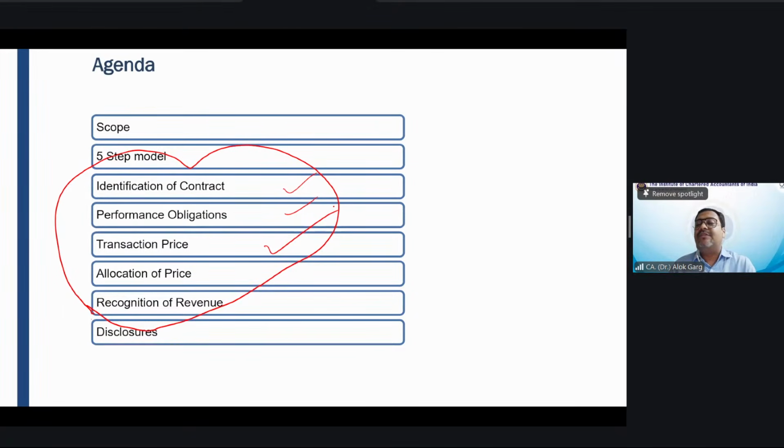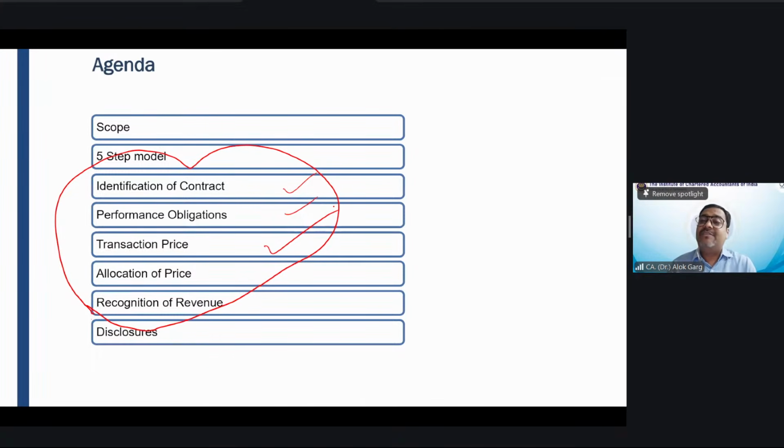Is that clear? And then we discussed, if consideration payable to a customer is equal to or less than fair value, the cost needs to be recognized for this amount.